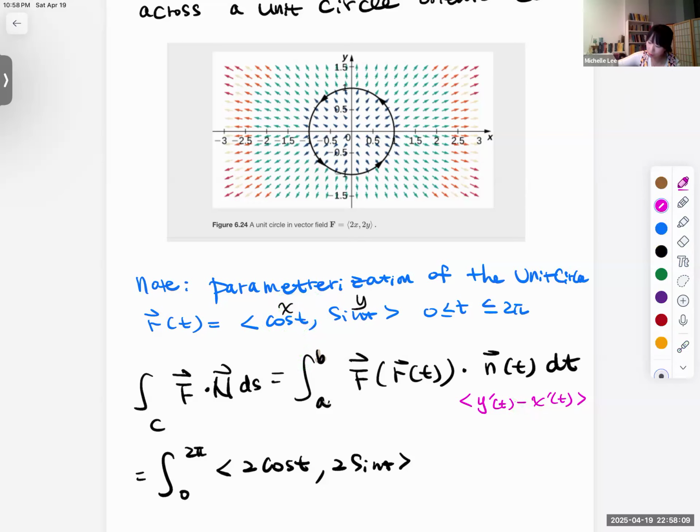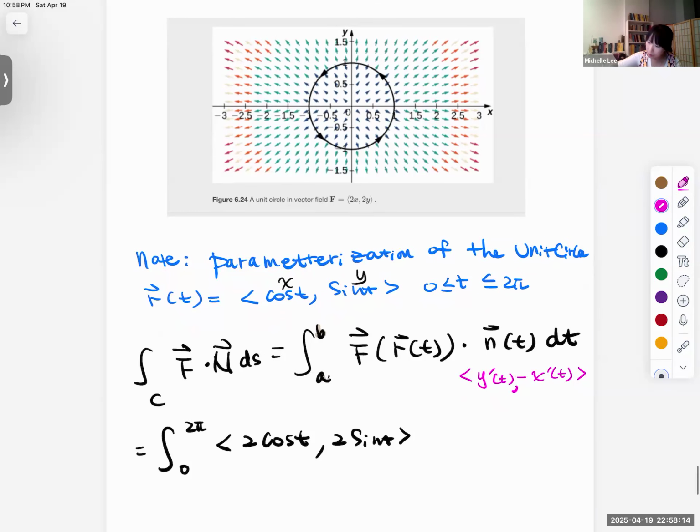Wait a minute, there must be a comma. This negative sign is not a subtraction, it's a negative. I made a mistake. The negative sign is in front of x prime of t.